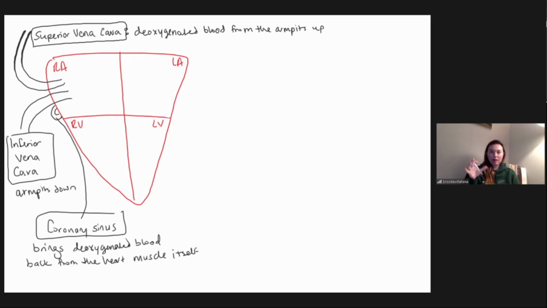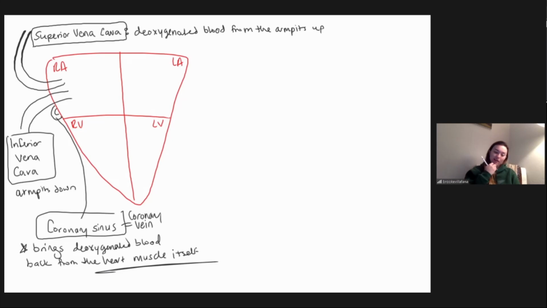And the other layers around the heart, but mainly the myocardium. All of those myocardial cells need oxygen, right? So your blood is going to pump to all the myocardial cells, and then they're going to use up that oxygen. So the deoxygenated blood from the heart muscle itself comes back into the right atria through the coronary sinus, also called the coronary vein.